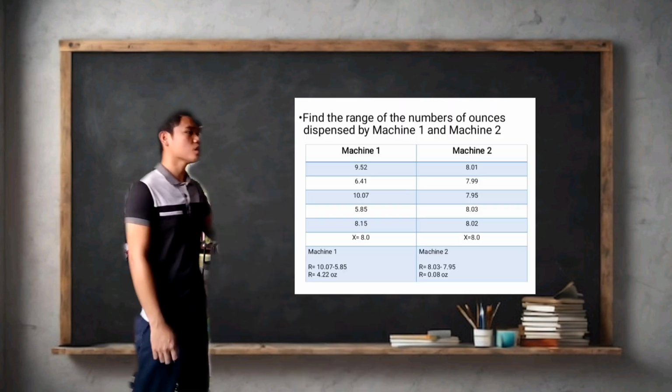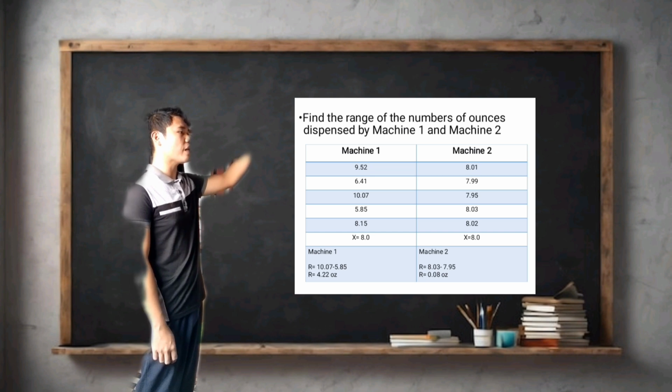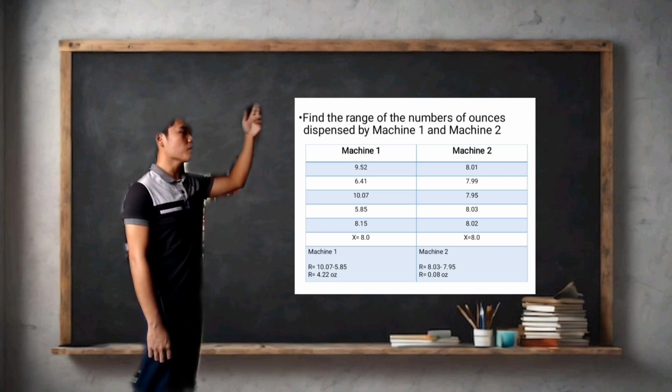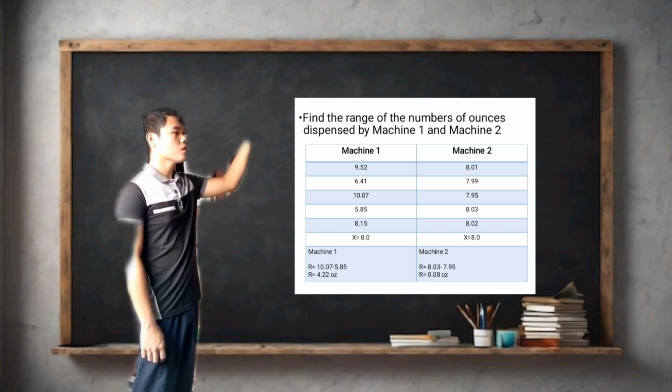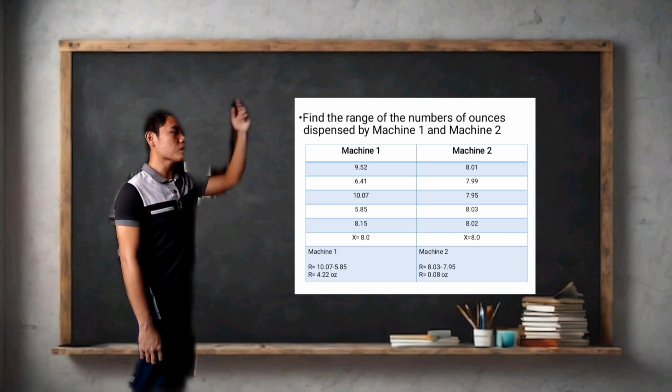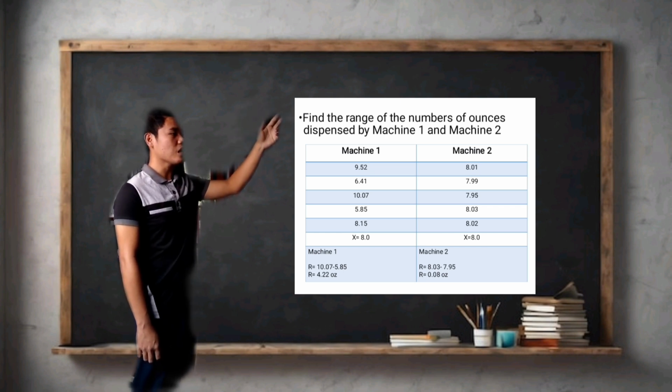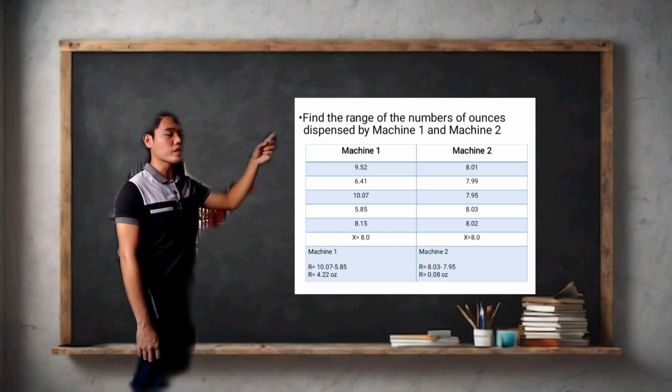The example: find the range of the number of ounces dispensed by machine 1 and machine 2. In machine 1, the highest value is 10.07 and the lowest is 5.85.